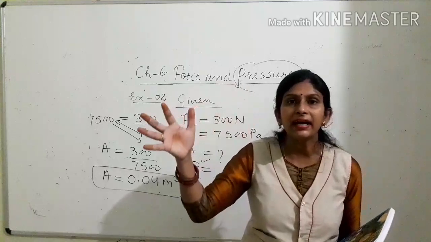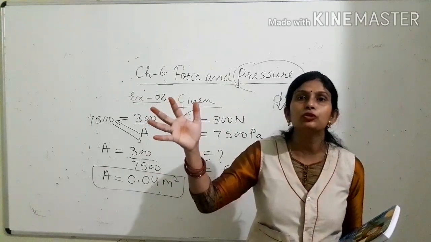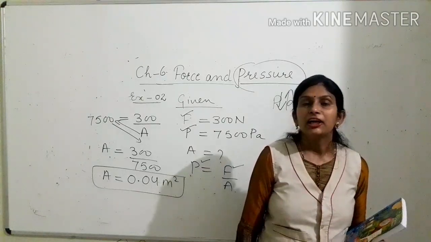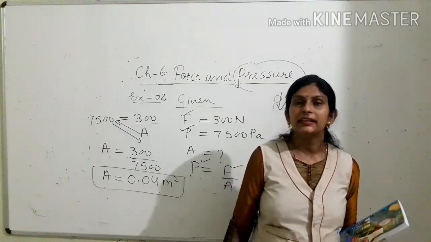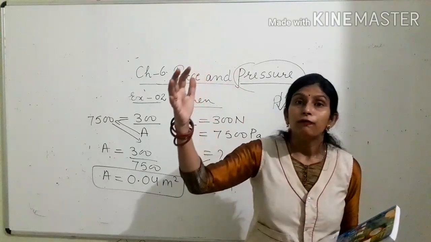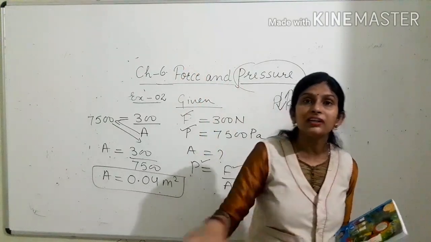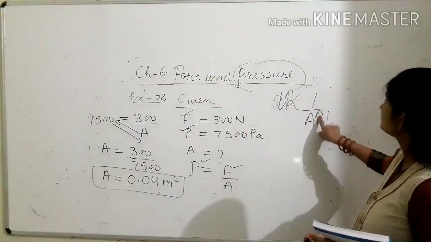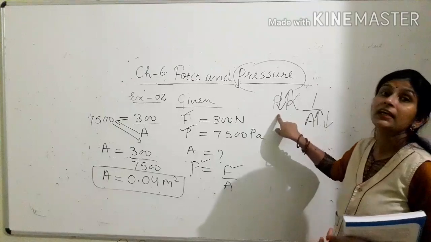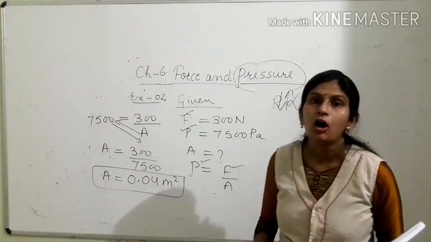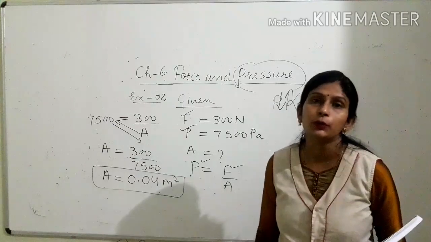So they apply a great force due to their weight on their tires. If there are 8 tires, then the area is increased. So force is applied on a large area. So when force is applied on a large area, pressure is decreased. So a low pressure is created on tires as well as on the road.